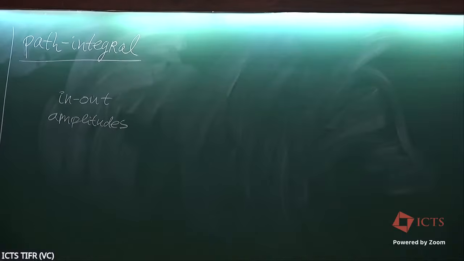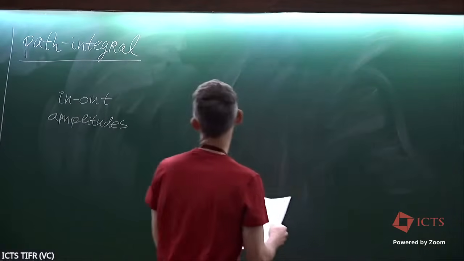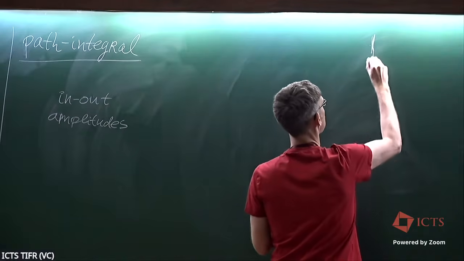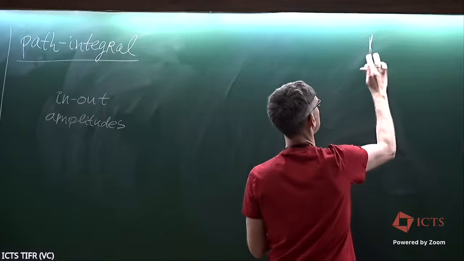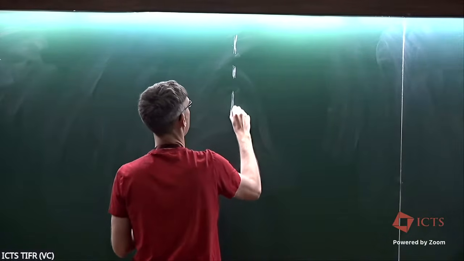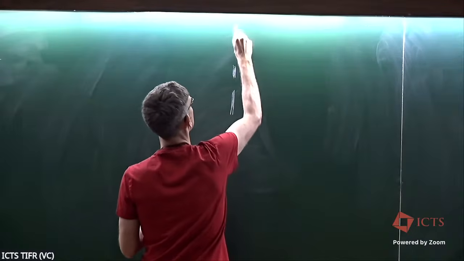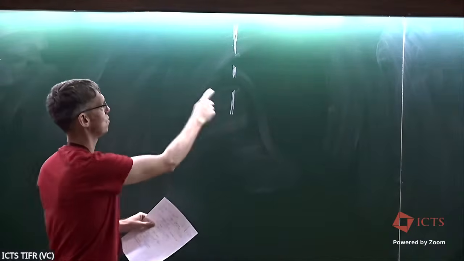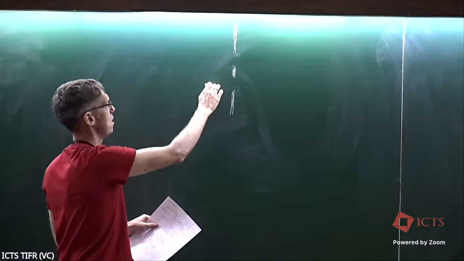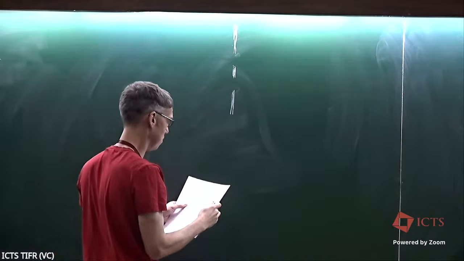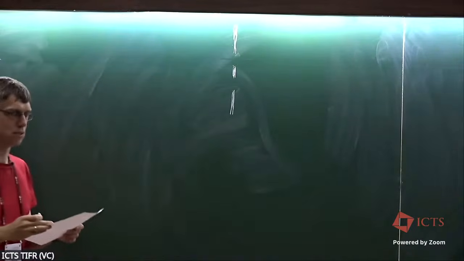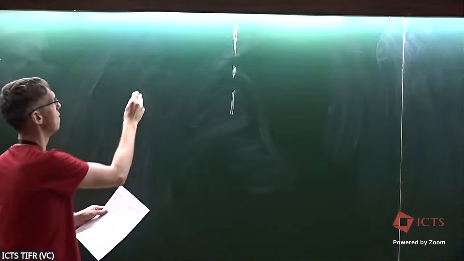Let's take a very standard example of a screen with two holes in it. You have a screen, there are two holes in it, and you have some wave which can either pass through this hole or through that hole. And then here in the end, you have another screen where you observe the result of that scattering.